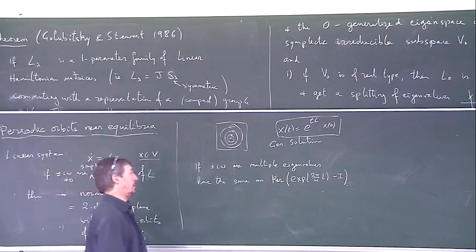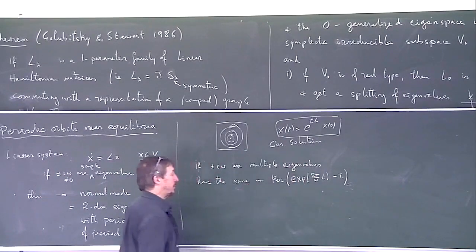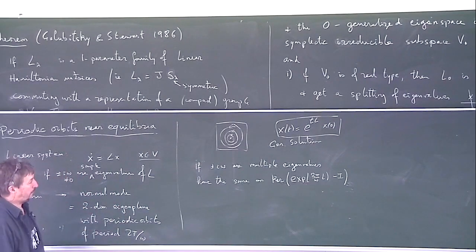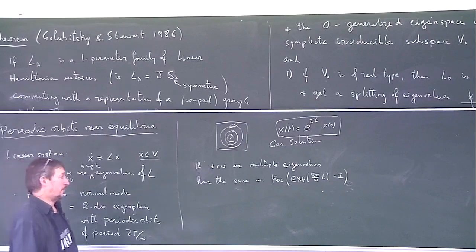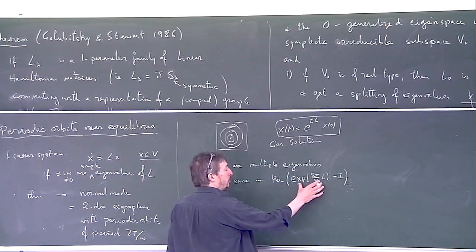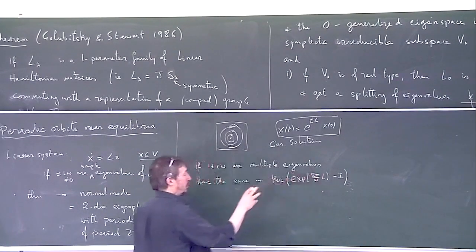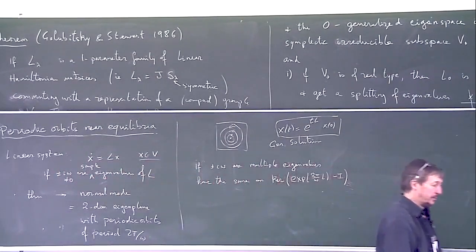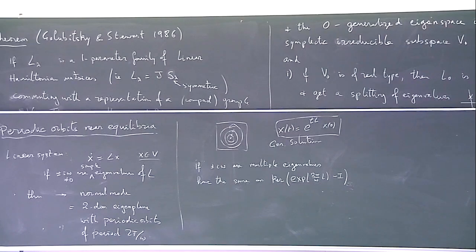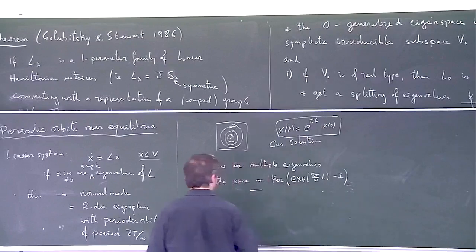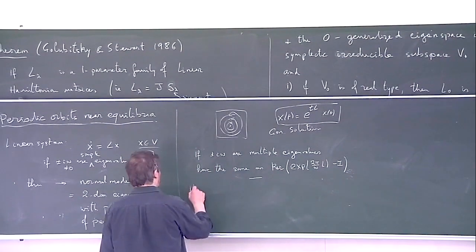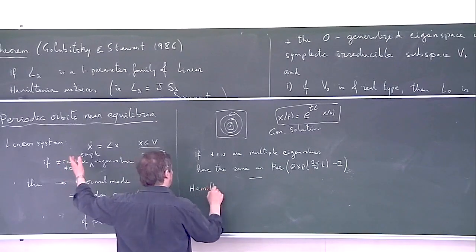So it's non-zero if omega is an eigenvalue, or i omega is an eigenvalue of L. But this might have some nilpotent parts, so the kernel might not be the same as, I mean, there's a geometric eigenspace, algebraic eigenspace dichotomy. So that was general, nothing to do with Hamiltonian.